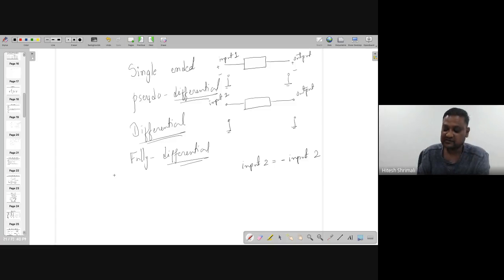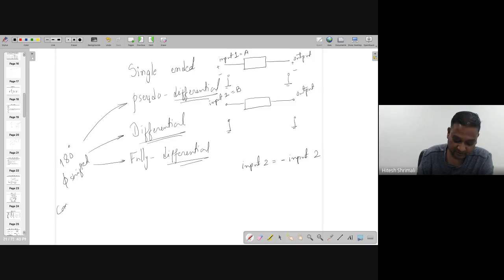For all the differential circuits, the inputs are 180-degree phase shifted to each other, meaning exactly opposite. So if I'm applying input 1 as A and input 2 as B, then A is equal to B bar, if it's a digital circuit. So differential means both are 180-degree phase shifted, or you can say they're complementary to each other.